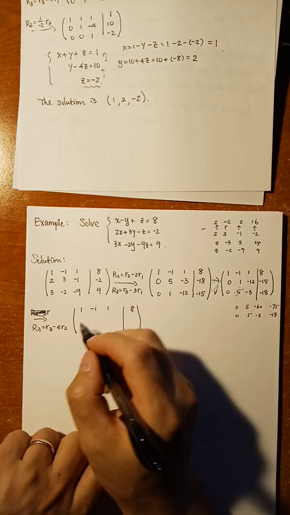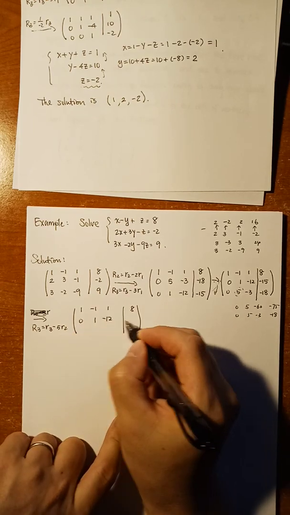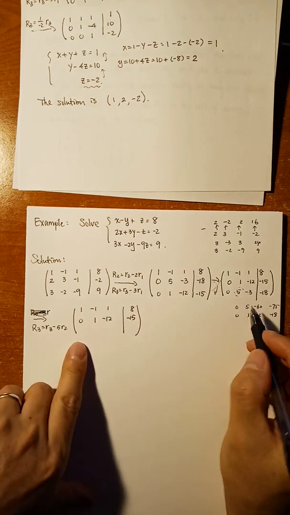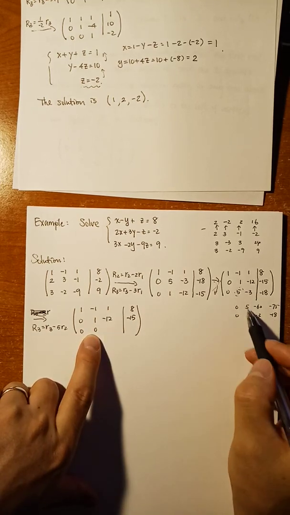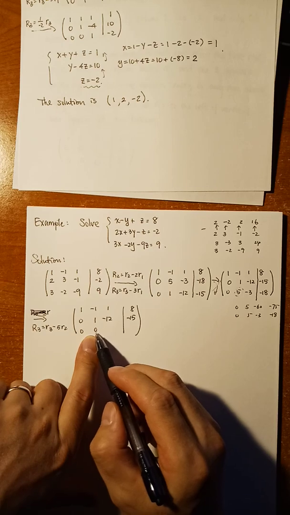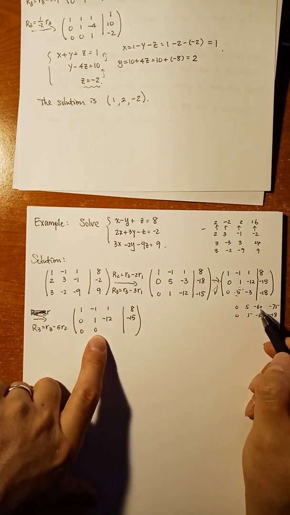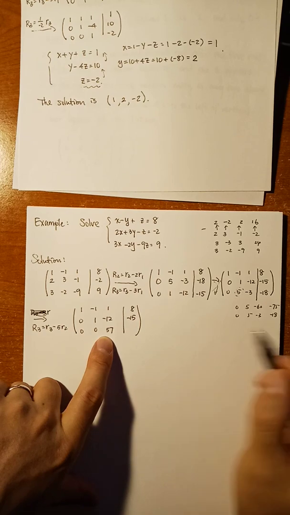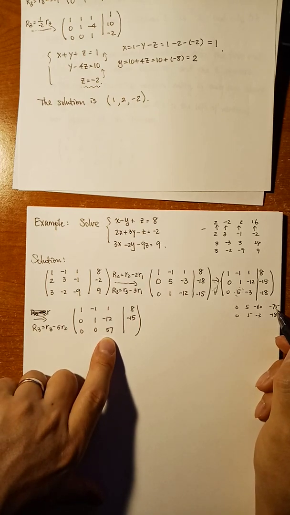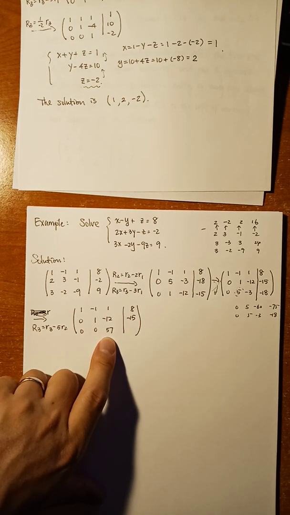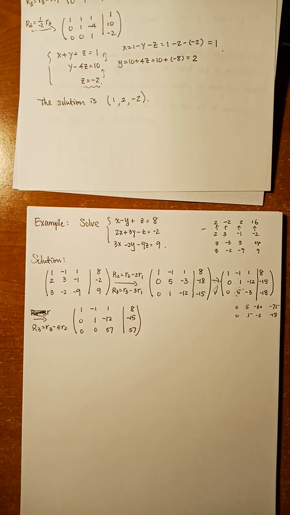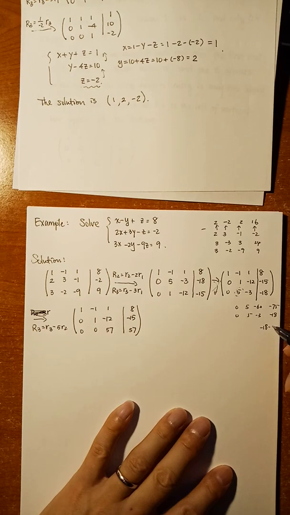Let's do subtraction, okay? So 5 minus 5 is 0. So this position is 0. Our goal is to make this 0. Negative 3 minus negative 60 is 57. Negative 18 minus negative 75 is 75 minus 18. Minus negative is plus. So it's 57.